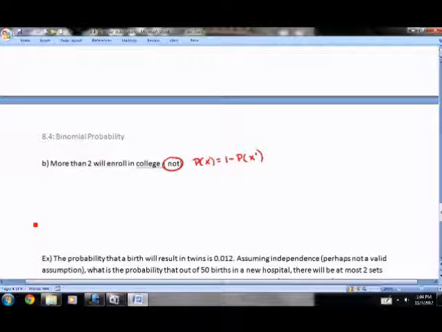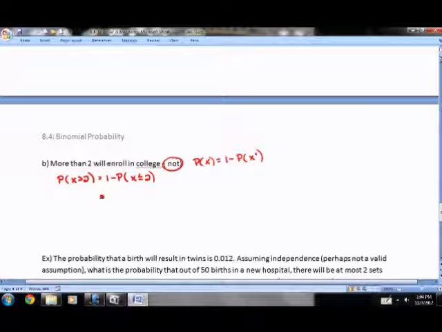So we can solve this by saying the probability that x is greater than 2, in other words that more than 2 people will enroll in college, equals 1 minus the probability that less than or equal to 2 people will enroll in college.